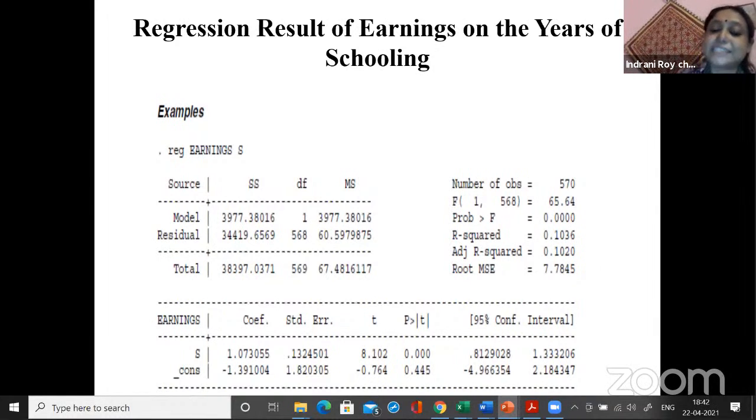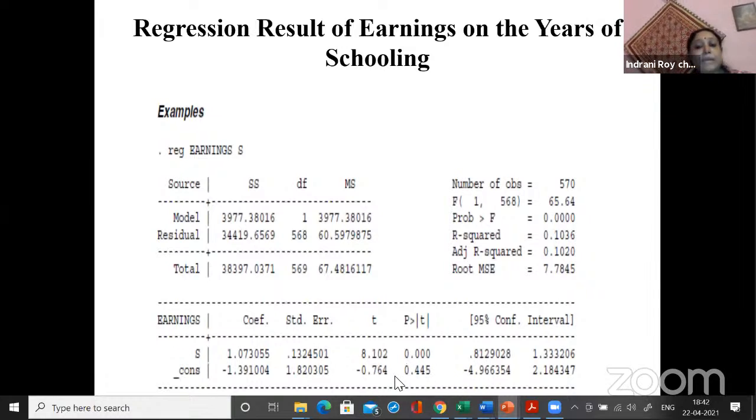That means your t statistic is lying in the acceptance region. Okay, so you can see that here you are accepting your null hypothesis for the constant term, that means the beta naught term, and that can also be cross-checked from the p-value, because your p-value is 44%.